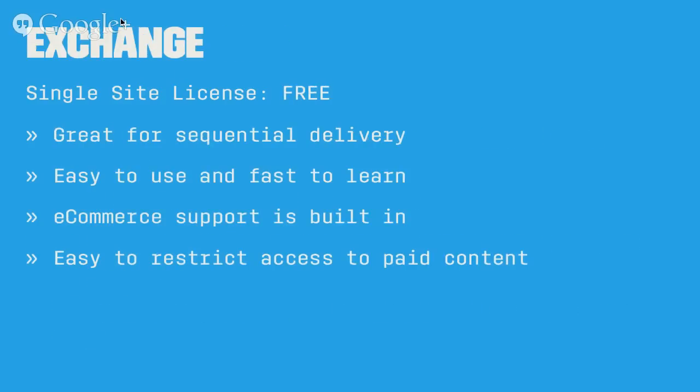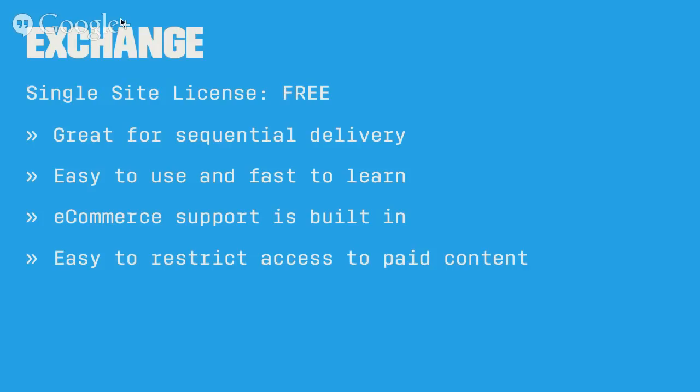And then the last one that we're going to talk about is Exchange, and we're going to spend most of the time here on Exchange, and this is made by IThemes. The single site license is free to set up Exchange, but we will need a few extra plugins, like I said, some add-ons to make it work exactly as we need it. So this is great for sequential delivery. It makes it easy to use.